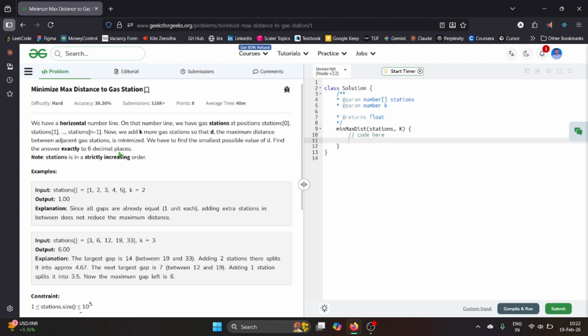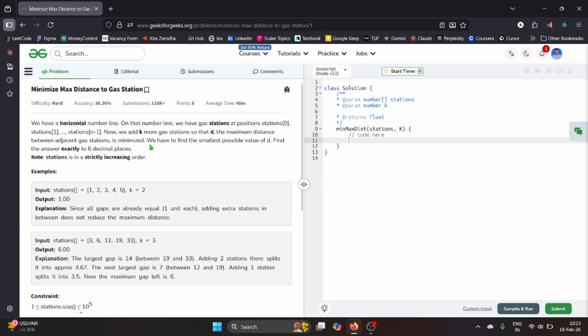Now we add K more gas stations so that D, the maximum distance between adjacent gas stations, is minimized. So our question is saying that we have two more gas stations to add between or outside, so that the distance between the gas stations can be minimized.